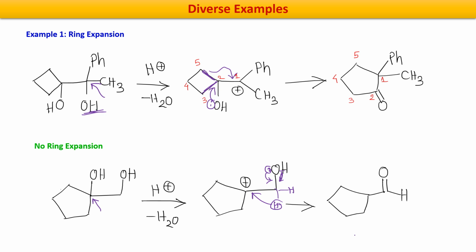So that is why the ring size is still 5. Initially it is 5, now it is also 5. So in the previous case, what is happening? The ring is expanded because the positive charge you are generating is on the other side, not on that side where the ring is present. But now you are generating the positive charge on the carbon which is part of the ring. That is why no question of ring expansion. So here we are not getting ring expansion. Fine.